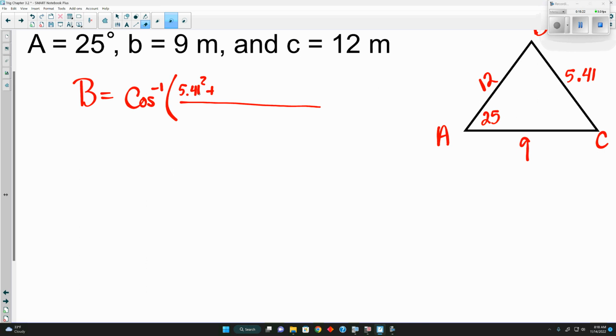A squared plus C squared, which is 12 squared, minus B squared, over 2 times A times C. And for the most part, I feel like typing this in is a little bit quicker, a little bit easier than doing our law of sines. If you want, we can put parentheses around these.